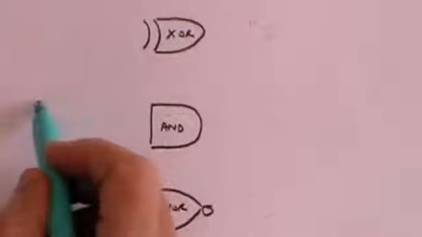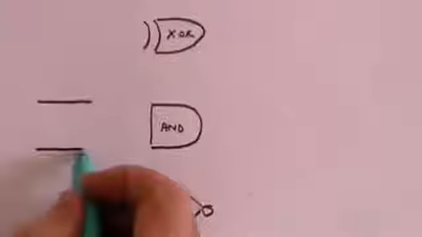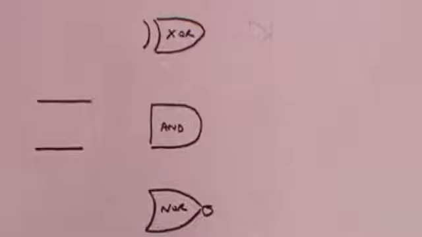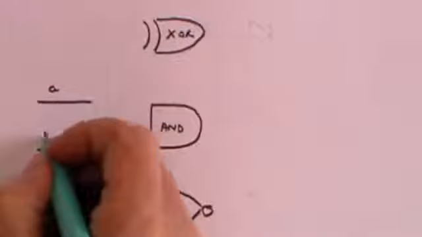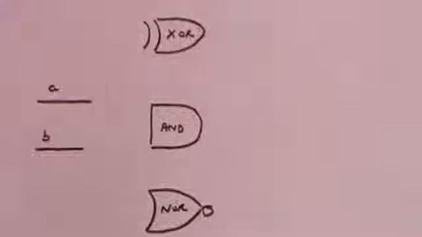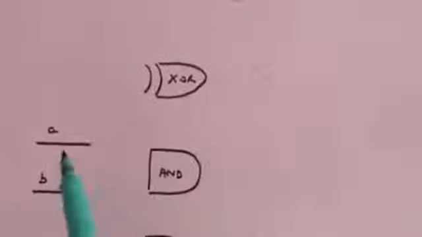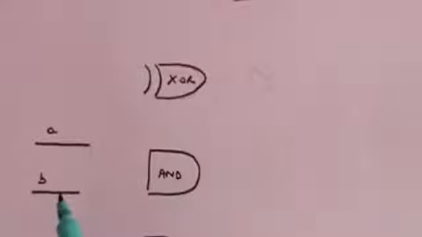We're going to have two inputs, and they are going to represent our values of A and B. And if there's a positive voltage, then that represents the number 1. And if there's no voltage, then that represents the number 0. So in other words, we're going to either put a positive voltage on A or not, and a positive voltage on B or not. The positive voltage represents our number 1, and if we don't put a positive voltage on, that represents the number 0.